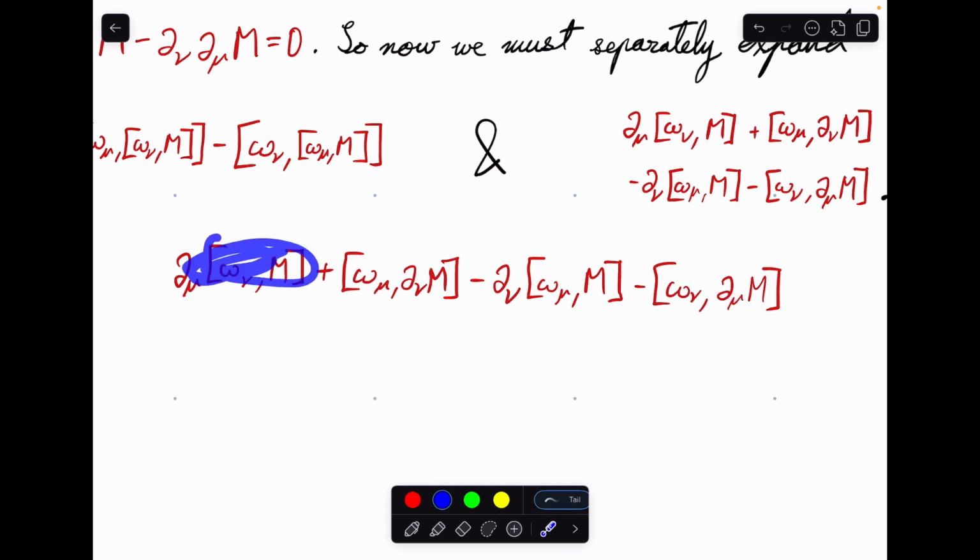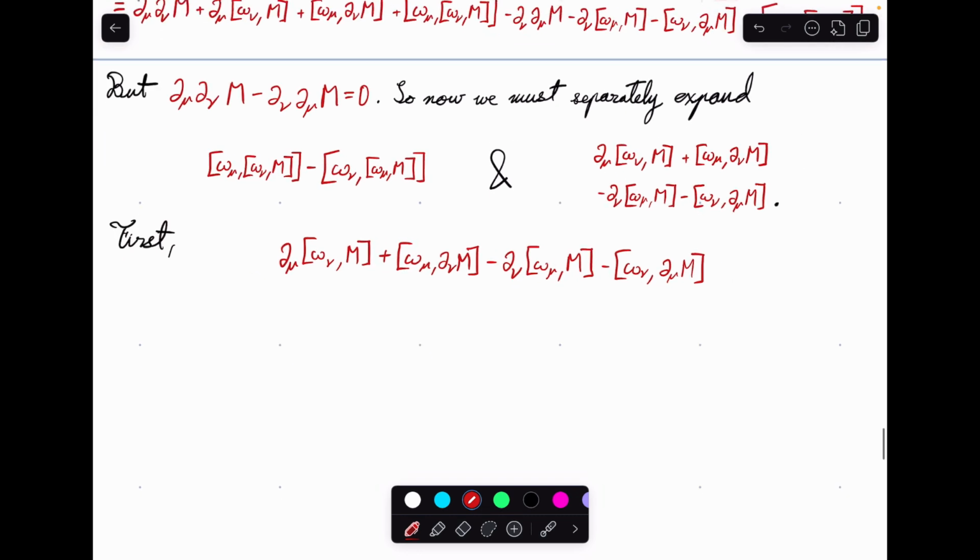One of the terms from here will cancel with this, and then one of the terms from here will cancel with this. You should be able to predict that from looking at it, but I'll expand it out so you can see it explicitly.